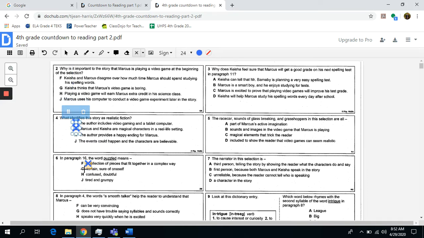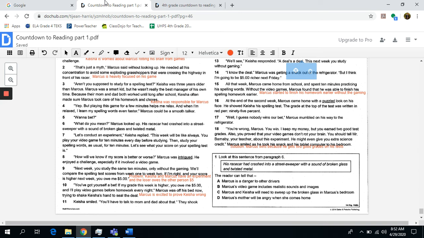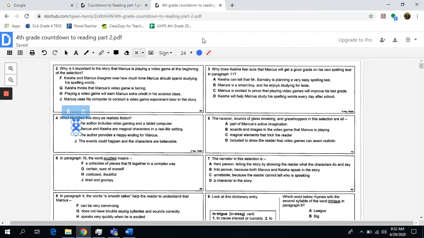H. The author provides a happy ending for Marcus. While there is a happy ending in our story, the inclusion of a happy ending does not give us enough to say that it's a realistic fiction. So we can cross that answer out as well. J. The events could happen and the characters are believable.